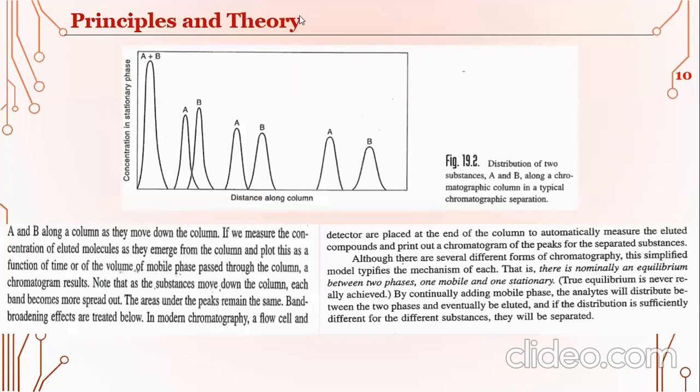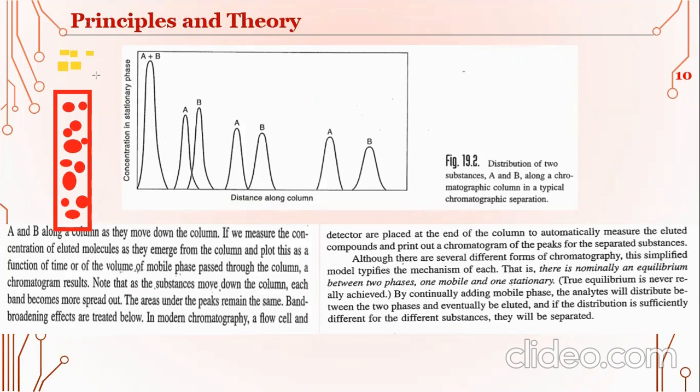Like we have a column, and in this column we will have the concentration of stationary phase. We will have beads in this column, so if that has more concentration, we need to pass out some solvent molecules.